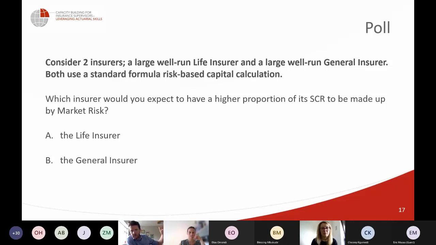So we have all the different components: market, insurance, credit, and so on. Of the two, which one would have more of the capital requirement made up from the market risk component?